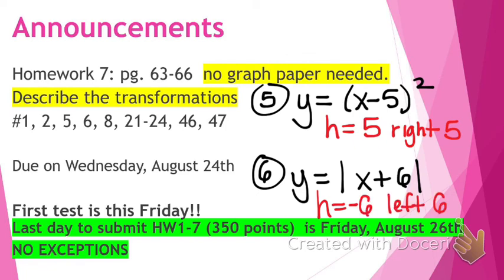All right, the last one I want to do with you today is question number 8. So looking at that graph, the first thing you have to figure out is what kind of function number 8 is. And then you have to figure out which way it moved. So did it go left, right, up, or down for number 8? We agree that it's an absolute value.